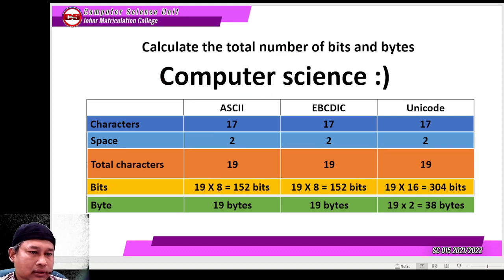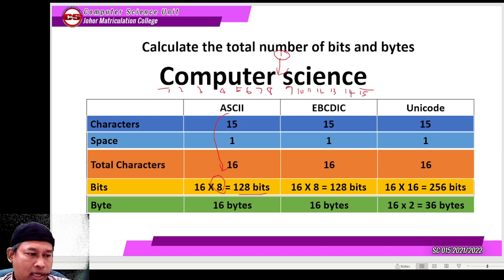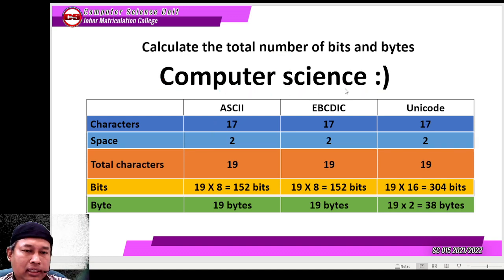Okay. Next question, for example, "computer science" and a colon and bracket. So "computer science" is the same as the question on the previous slide. This one is 15, and then this is for the symbol.